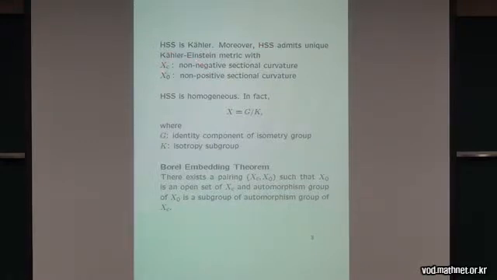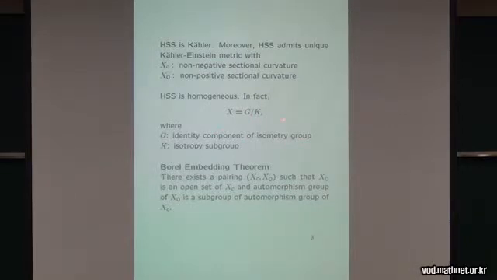And the compact type has non-negative holomorphic sectional curvature, which means semi-positive sectional curvature, and the non-compact type has non-positive sectional curvature. And this Hermitian symmetric space is homogeneous, and the homogeneous action comes from the isometry group.